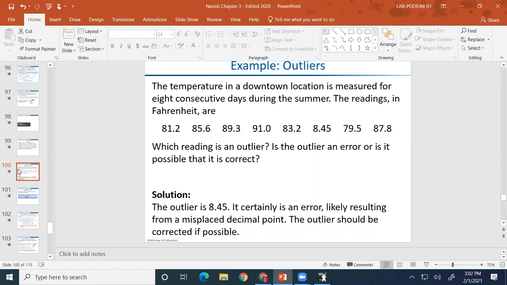Now that right there would be considered an outlier, and it's most probably a mistake because, unless there were some kind of weird weather conditions in the summer, somebody just typed in the decimal place wrong. So what could easily be done in real life is go and check it and correct it.